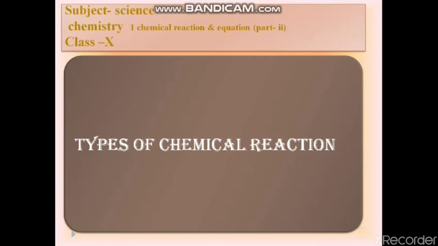Today we are going to learn types of chemical reaction. So let's start. What are the types of chemical reaction? Basically, chemical reactions have 5 different types, and let's study them one by one.